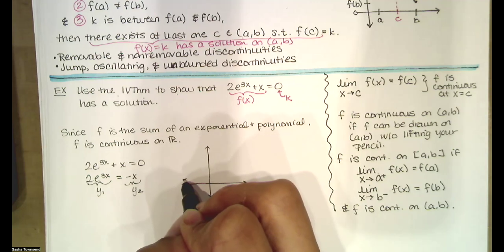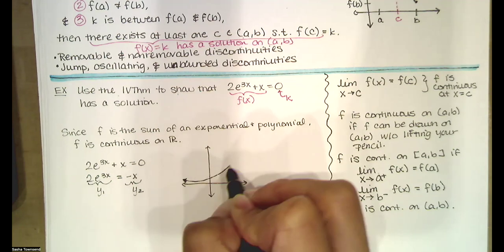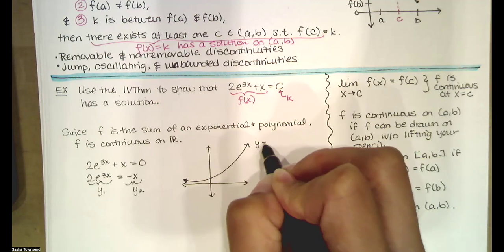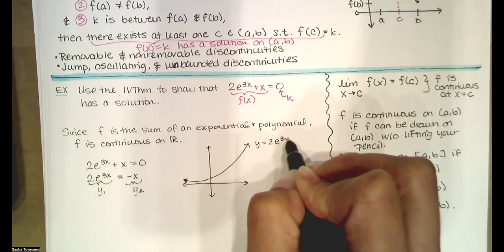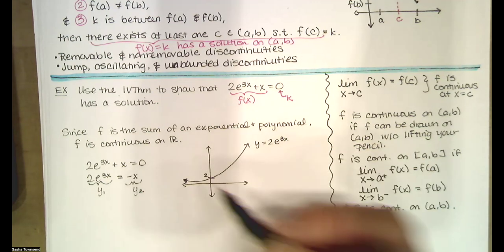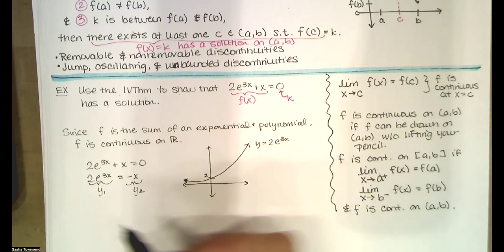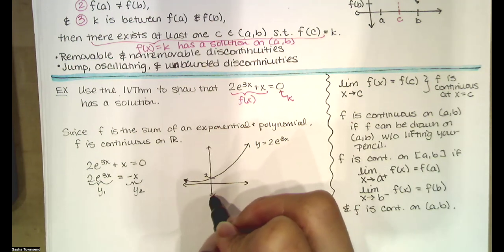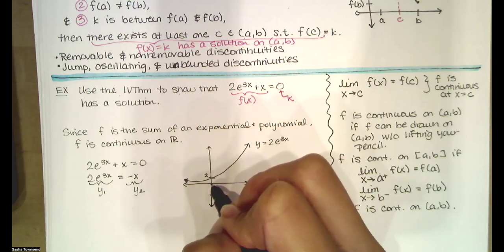Y equals 2 times e to the 3x looks like this. At x equals 0, y equals 2. And when y equals negative x, it's just a line with a slope of negative 1.